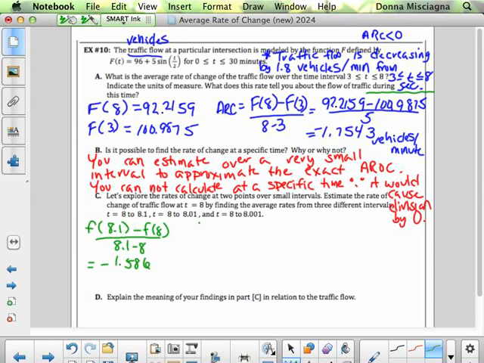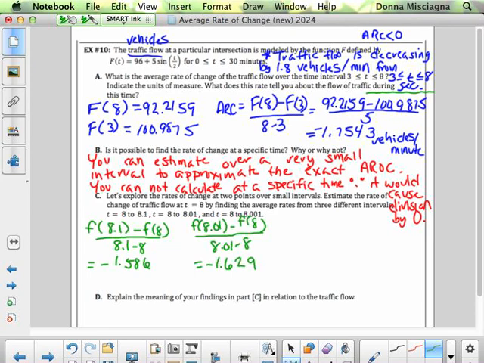All right, now we got f of 8.01 minus f of 8 divided by 8.01 minus 8. And this time I got negative 1.629. By the way, we'll put the units in when we explain the meaning. We're going to leave the units off.